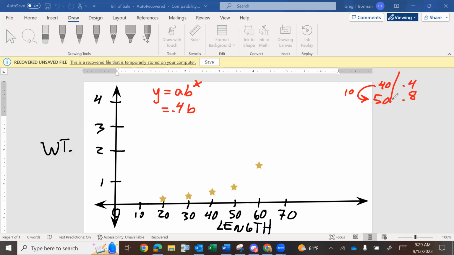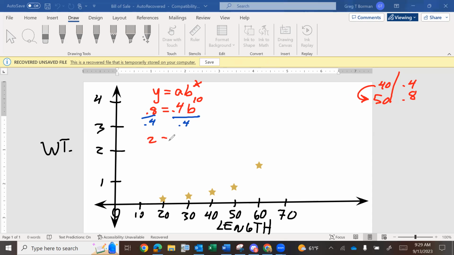So 10 centimeters later for x, the weight is now 0.8 kilograms. And then I solve for b. Let's divide by 0.4.